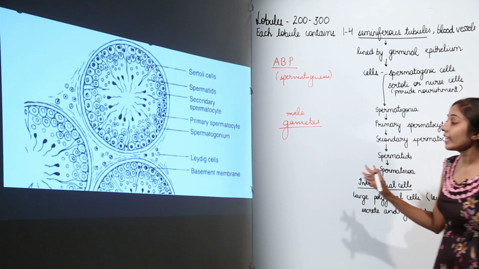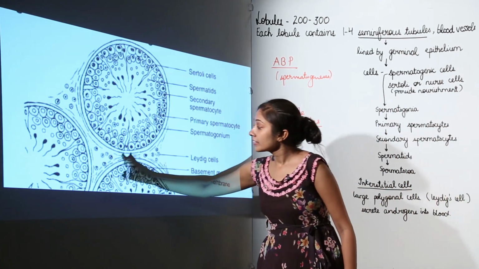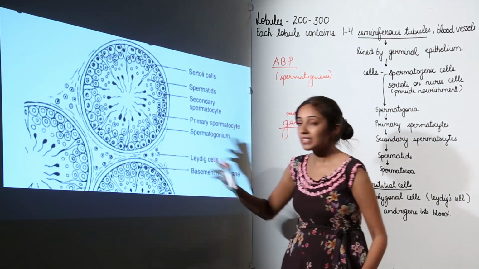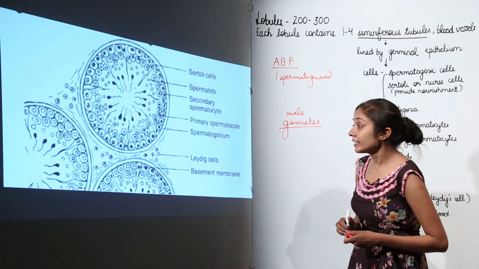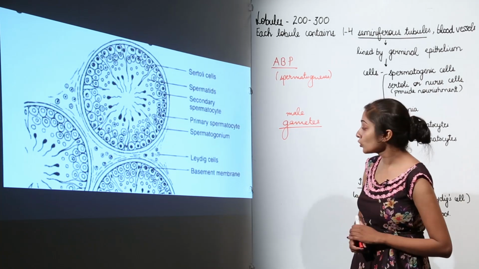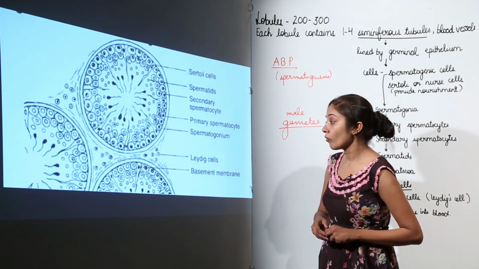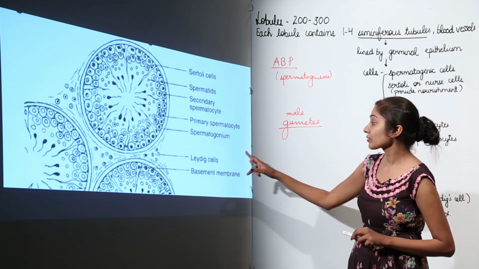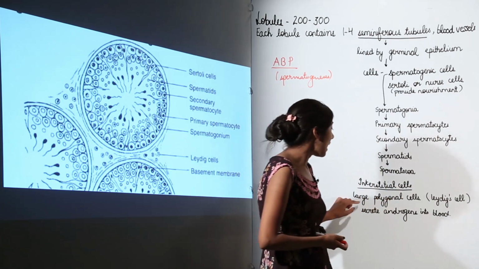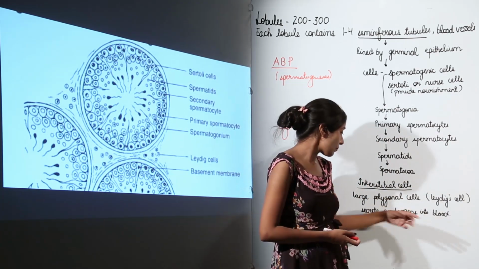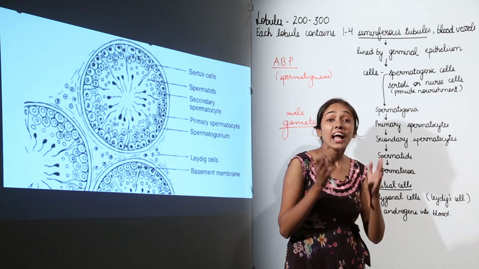Then you see that here we have these interstitial cells, means the cells that are there in between the seminiferous tubules. These interstitial cells are also known as Leydig cells. Now what do these Leydig cells do? They are actually large polygonal cells, and they secrete androgens.